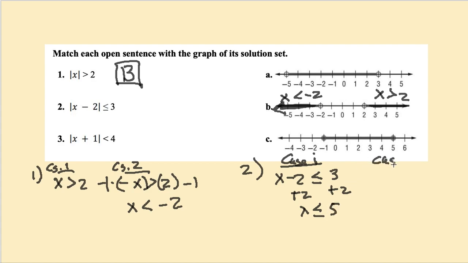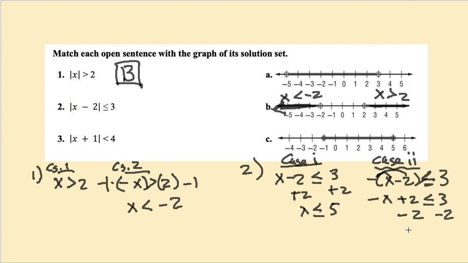And then your second case, which is your negative case, is going to be where you make it negative, but you have to put it in parentheses to show it. Sometimes this pad I work on does some weird things. So let's distribute that negative. We got negative x plus 2 is less than or equal to 3. Subtract 2 from both sides, and you should get negative x is less than or equal to 1.